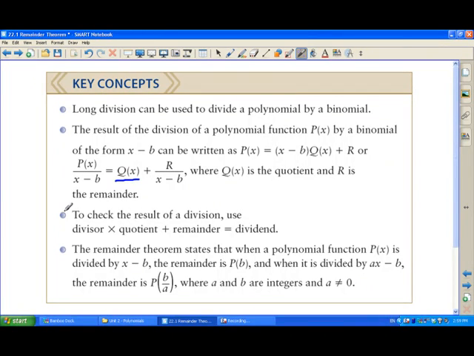There's a few ways to check the result, but most importantly, we've looked at the remainder theorem, and we're going to build on this in the coming weeks. The remainder theorem states that when a polynomial function is divided by a binomial, the remainder is just the polynomial evaluated at the constant value of that divisor.